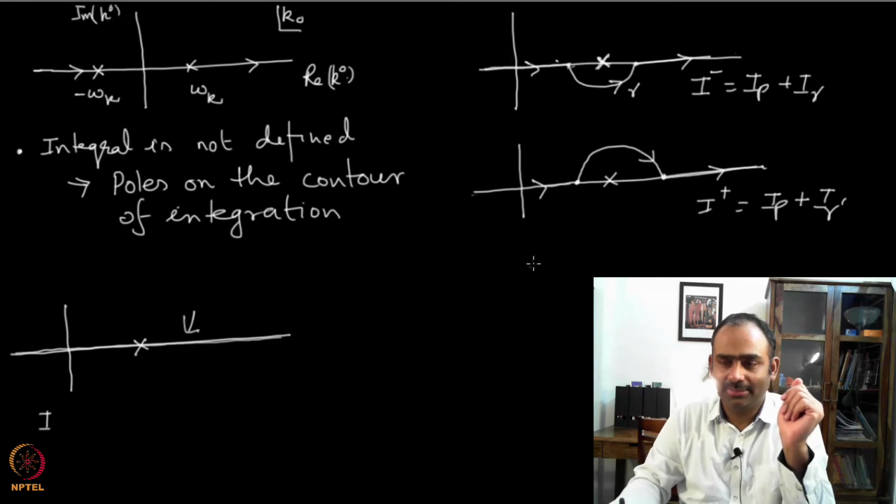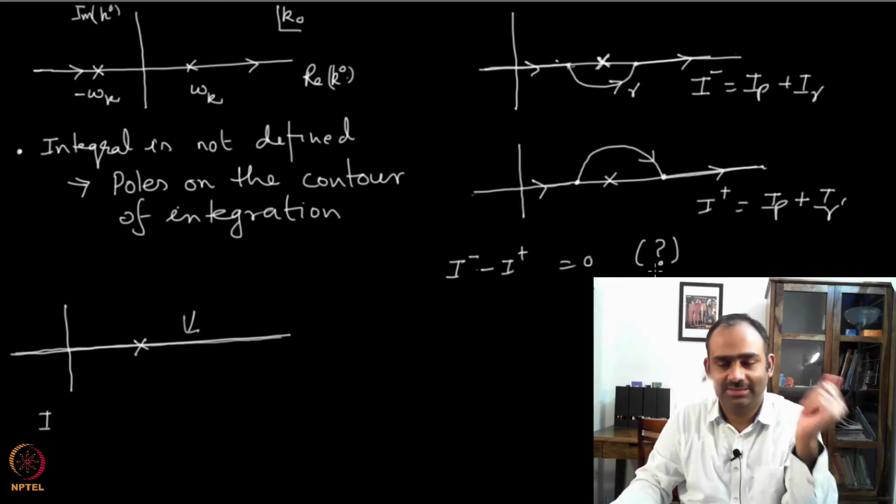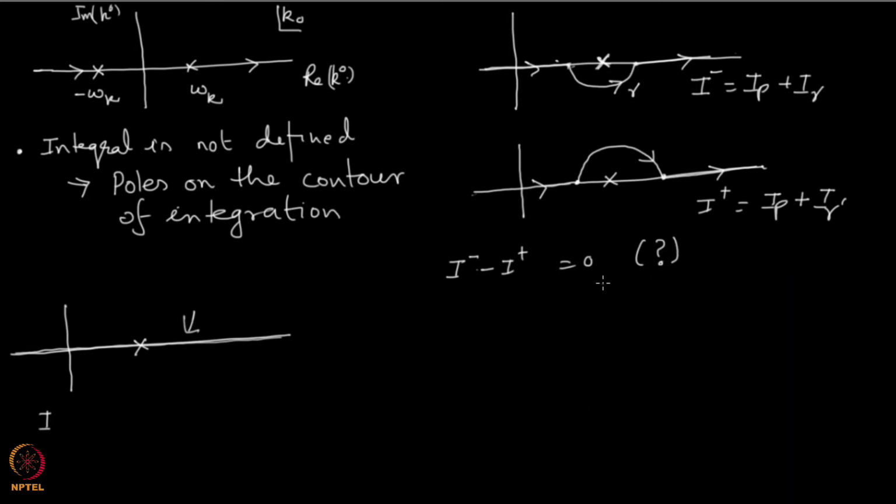If they do give the same answer, then I should get I minus minus I plus equal to 0, and this is what I should expect if I minus and I plus are the same. And I could say that I minus and I plus are giving the result for this integral. This is how I could define it.